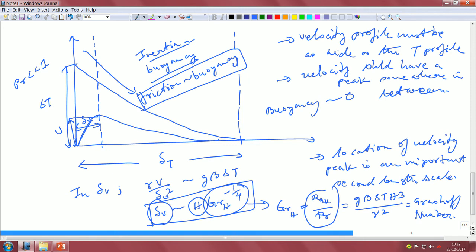This has been our grand finding, so to say. And of course, your delta V by delta T, like we wrote before, is once again the Prandtl number to the power of half, and this time it is less than 1. So, is it clear up to this particular part?